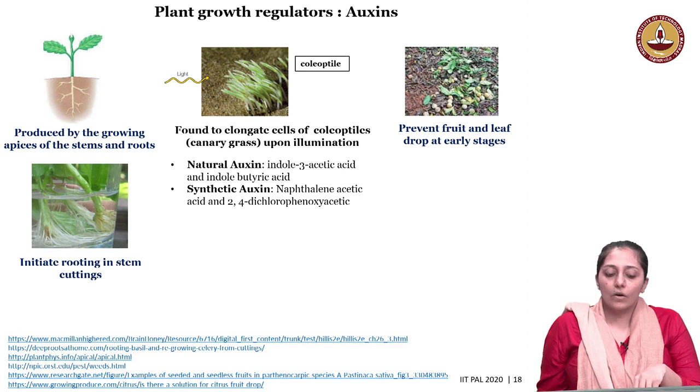Auxins are also used to initiate rooting in stem cuttings. You can see the picture on the slide here, where stem cuttings are inserted in a nutrient medium where auxins are provided, and the rooting starts happening. They promote root formation.